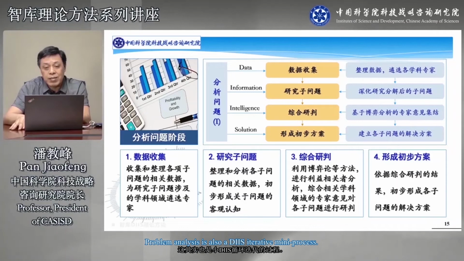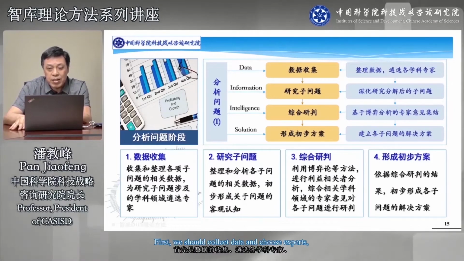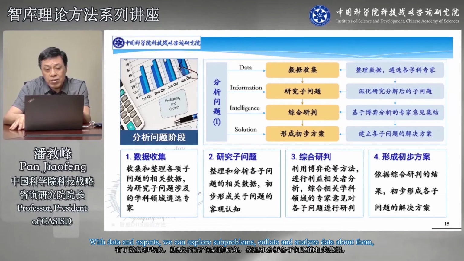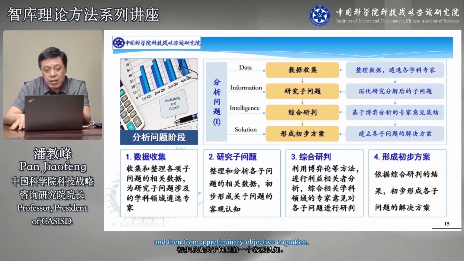Problem analysis is also a DIIS iterative mini-process. First, we should collect data and choose experts, which means gathering data about subproblems and selecting experts in relevant disciplines. With data and experts, we can explore subproblems, collate and analyze data about them, and then form a preliminary objective cognition.